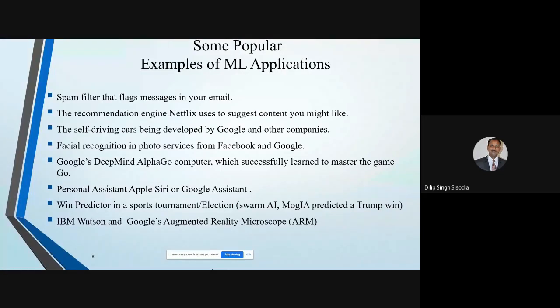So these are some examples, like the spam filter. Every day we are using spam filters when we receive mails. The spam filter flags messages in our email. The recommendation engines, Netflix, YouTube, Amazon, Flipkart, all these e-commerce sites extensively use recommendation engines to recommend different products and services. Otherwise, if this learning is not there, sometimes we cannot imagine such recommendations being presented by these e-commerce sites.